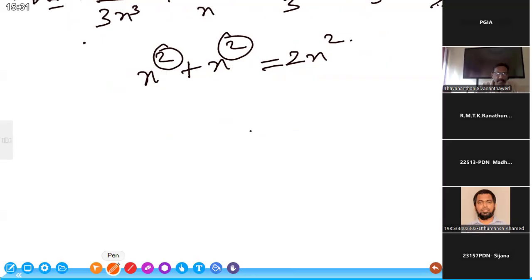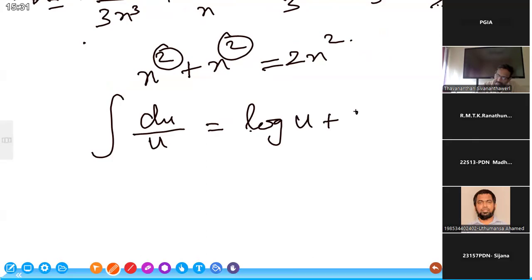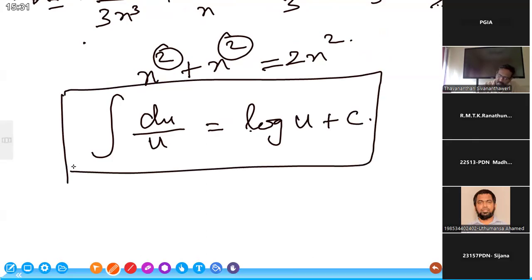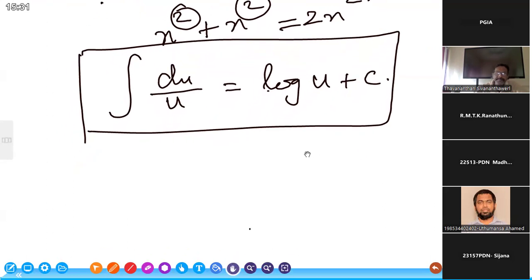Let's move to the other rule. So integration of du by u, which is given as log u plus c. So this is the next rule. Here you should observe, if this is a function, and you find the derivative of that function on top, then it is called a log function.